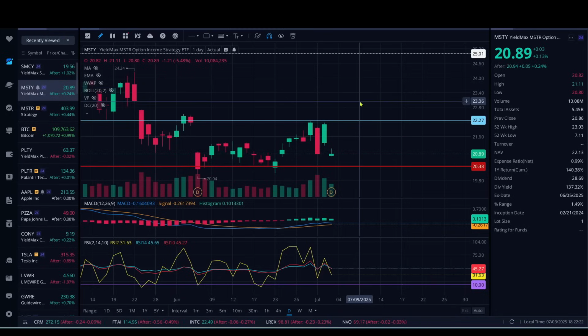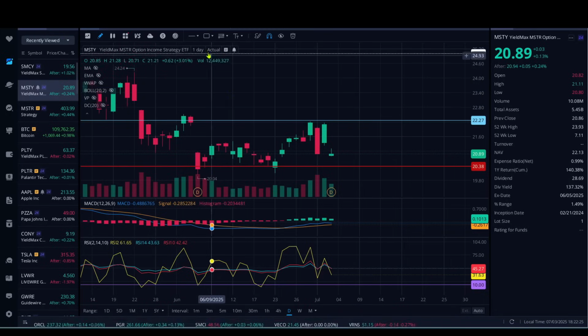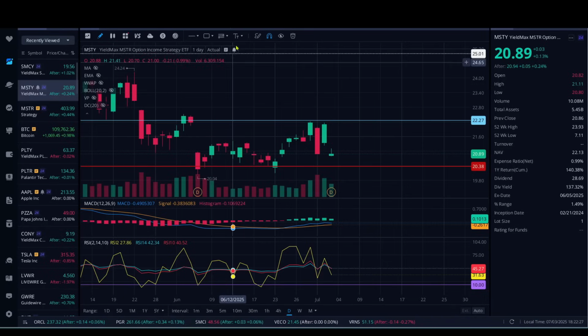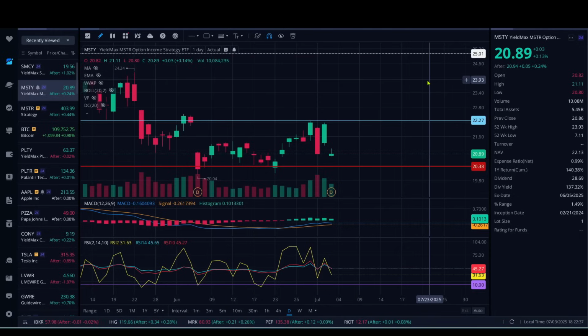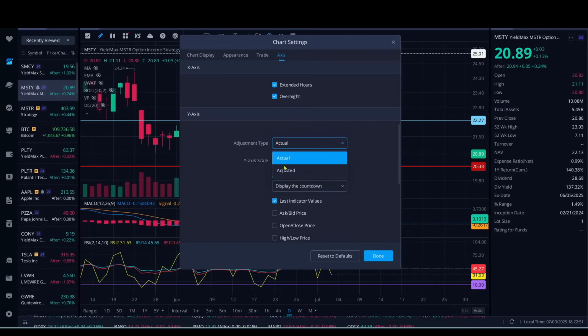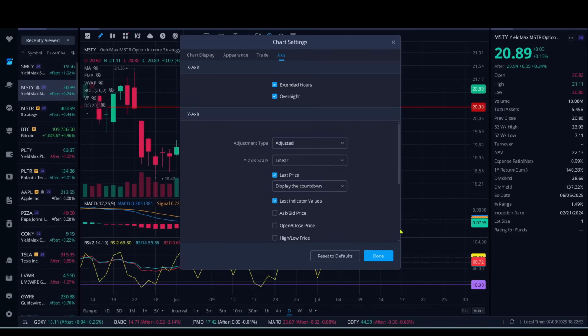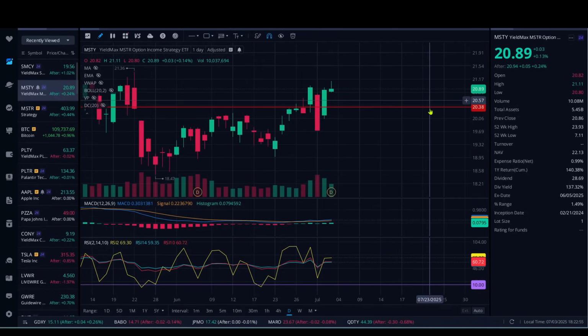So to find out those indicators, first thing I'm going to do is switch my chart here from actual to the adjusted, as the adjusted is a better chart for viewing the indicators. So let's just switch it from actual to adjusted. Done, and there we go.